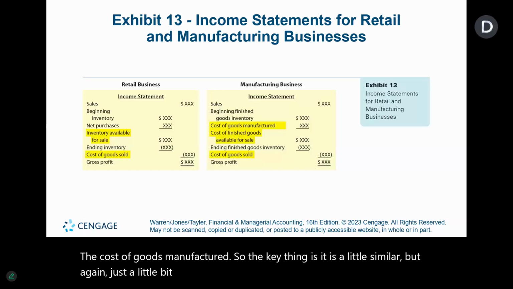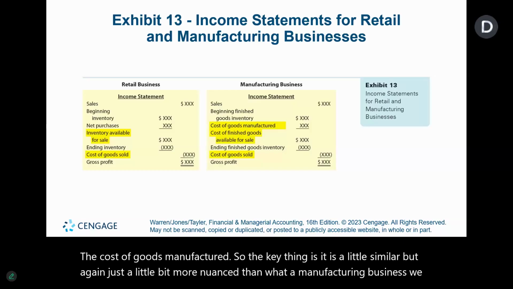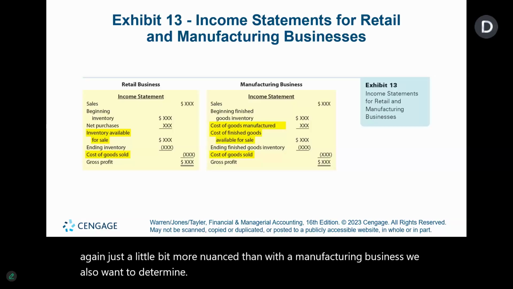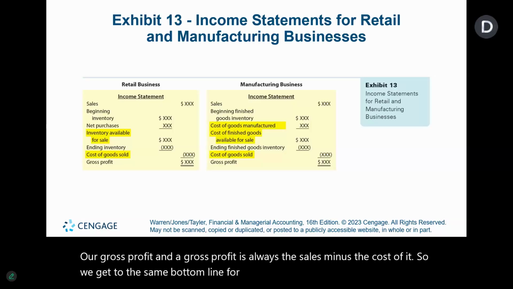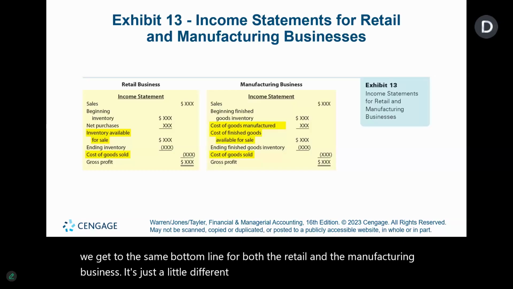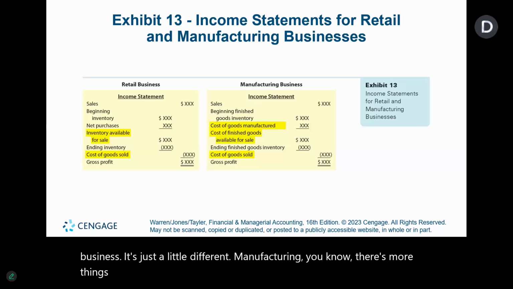With a manufacturing business, we also want to determine our gross profit, and the gross profit is always the sales minus the cost of goods sold. So we get to the same bottom line for both the retail and the manufacturing business. It's just a little different. With manufacturing, there are more things to consider because there's the raw materials, in process, in production, and then finished goods inventory.